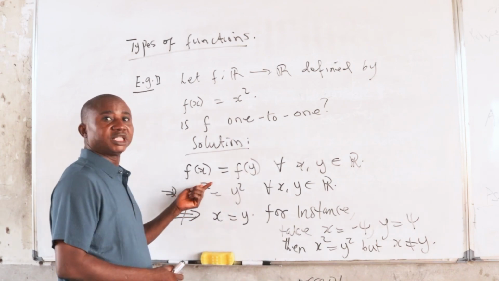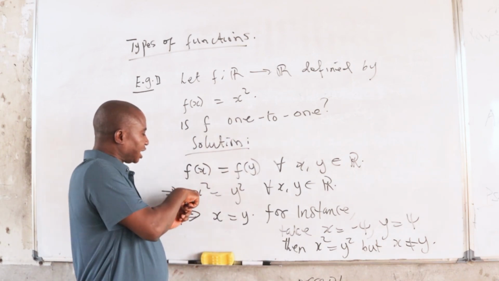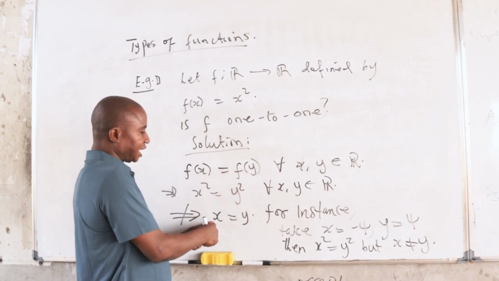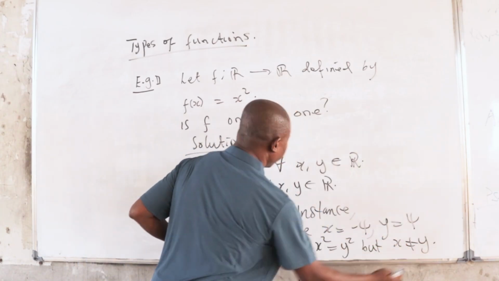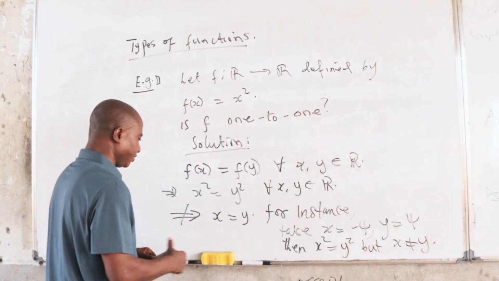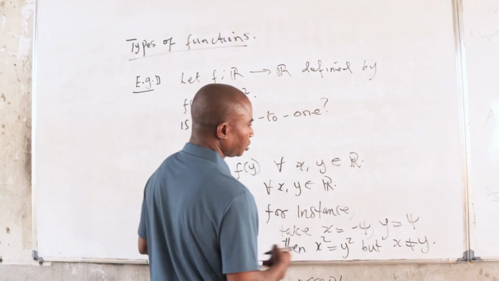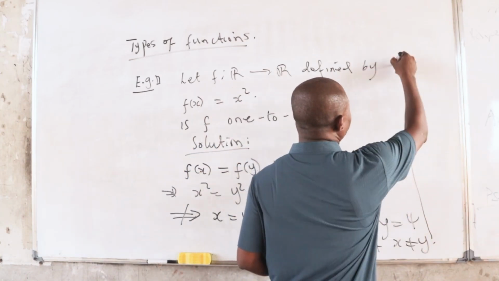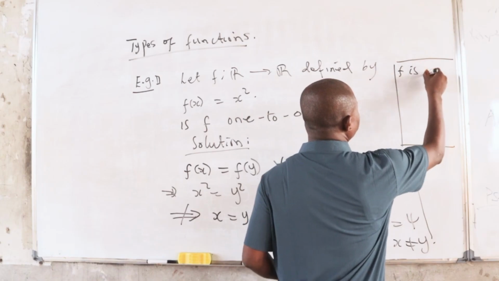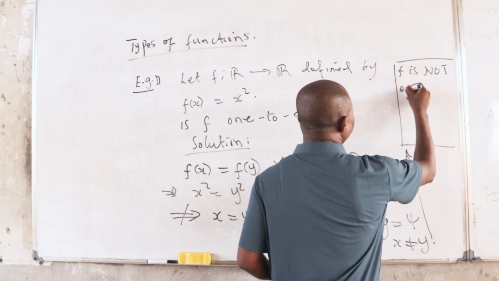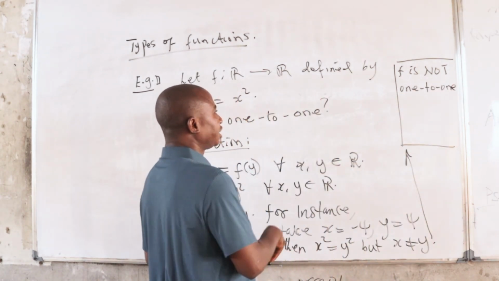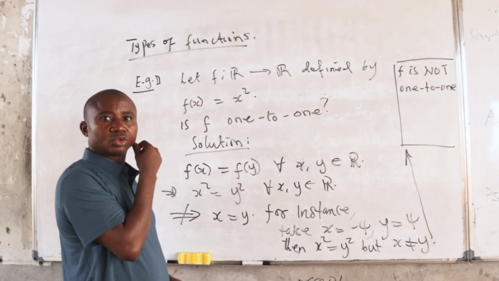Hence, what we have seen is that f of x is equal to f of y, but x is not equal to y. Hence, our conclusion is this: f is not one-to-one. So this is an example of a function that is not one-to-one.